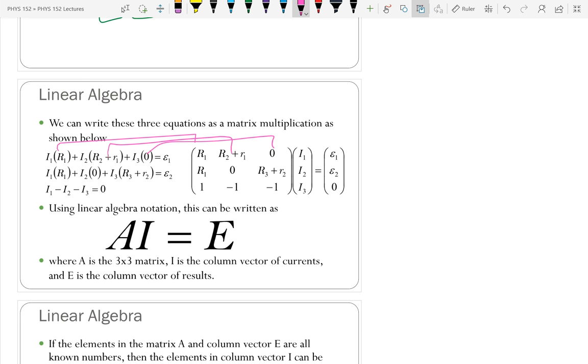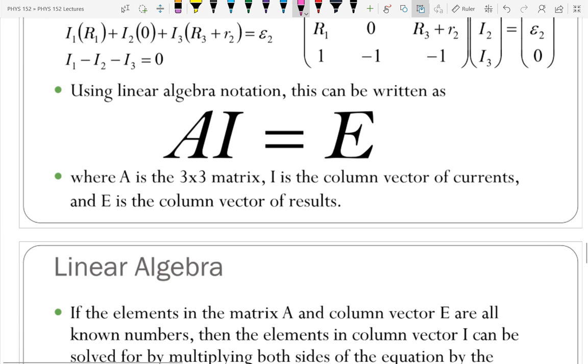Now, a little linear algebra that you don't need to know, but if you're curious: this matrix multiplied by this column vector is equal to this column vector.